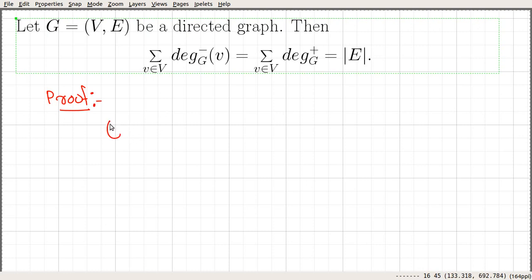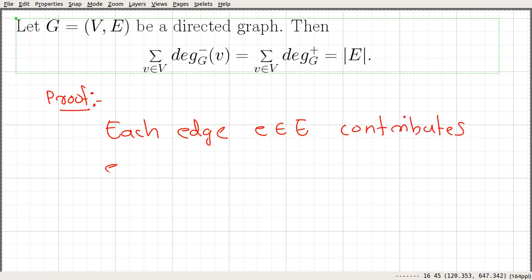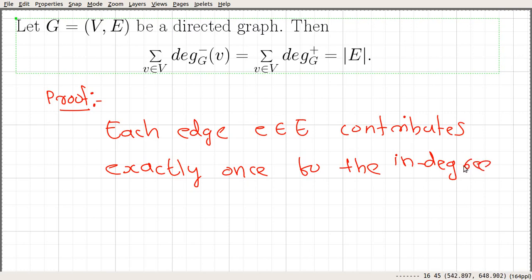Here you can see that each edge contributes exactly once to the in degree, and once to the out degree.